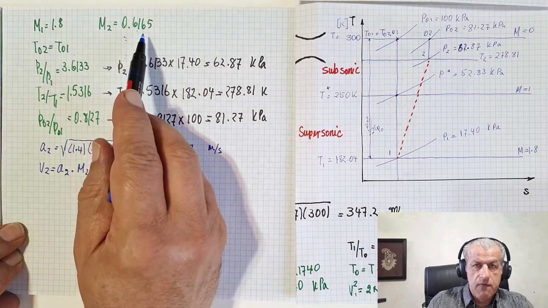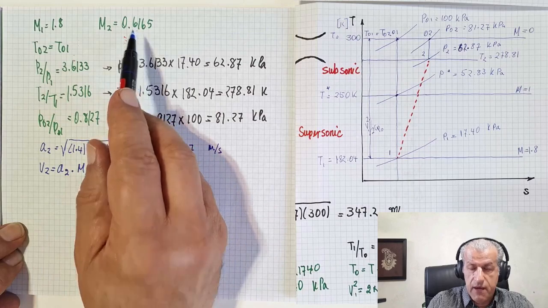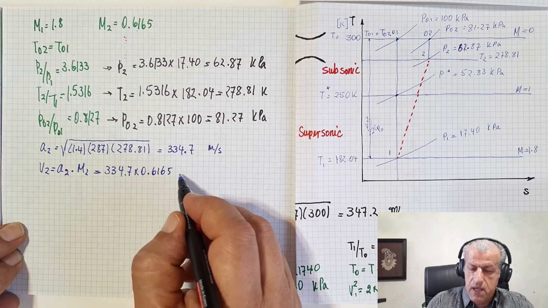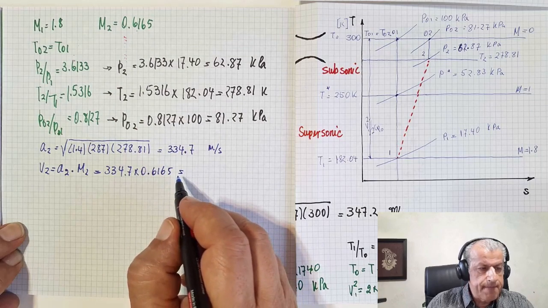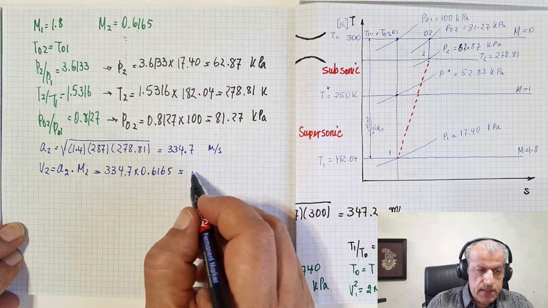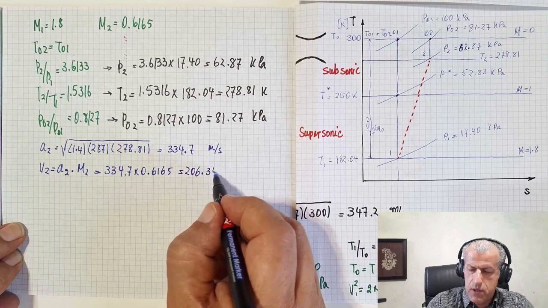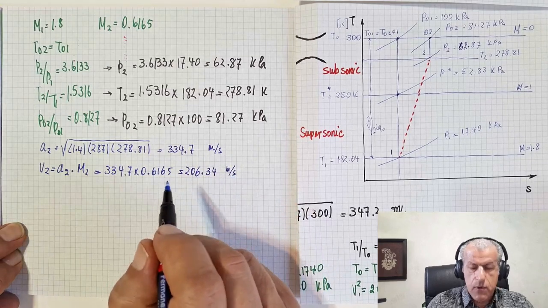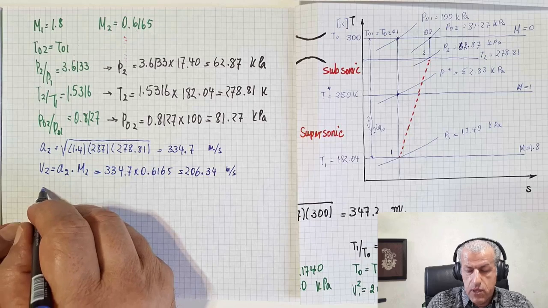You see, we learned from the table that the Mach number after the shock wave is 0.6165, and the outcome is 206.34 meters per second.